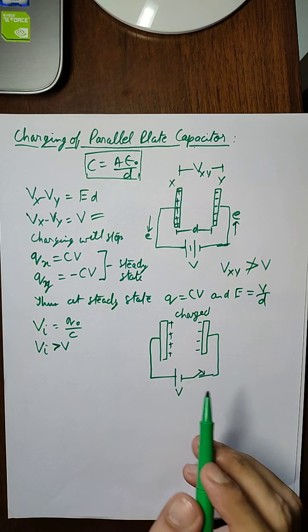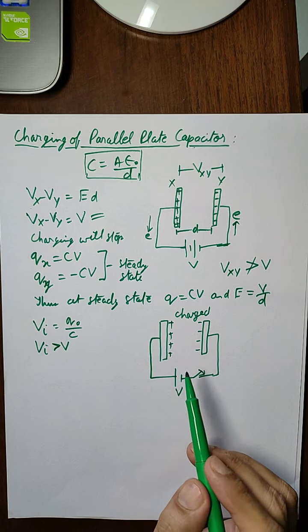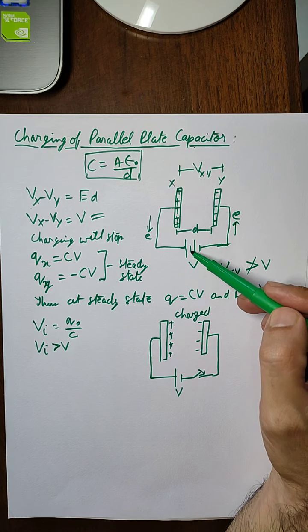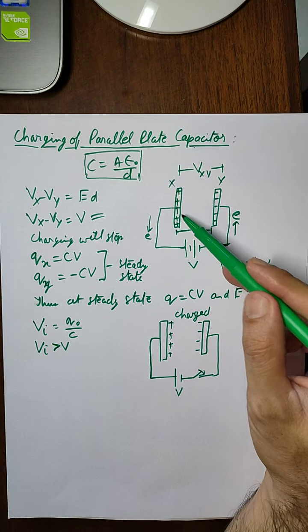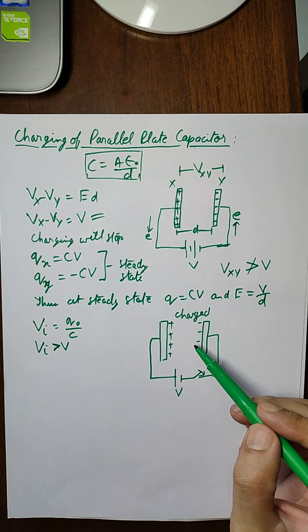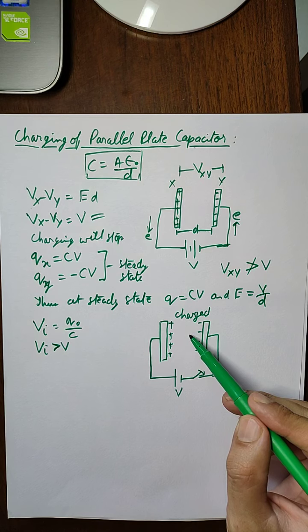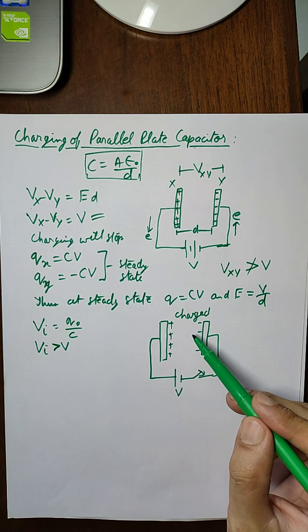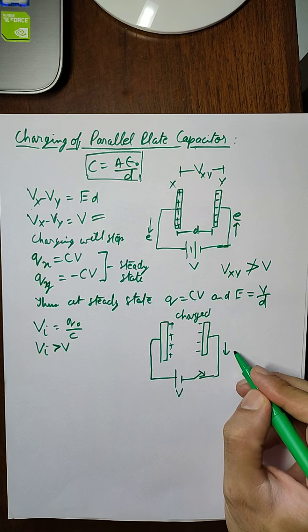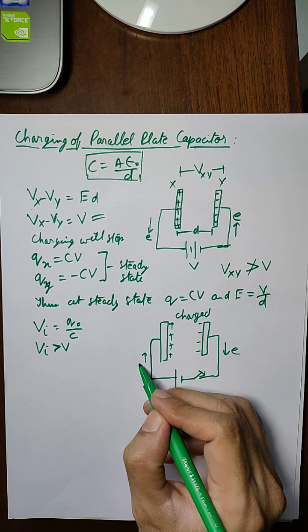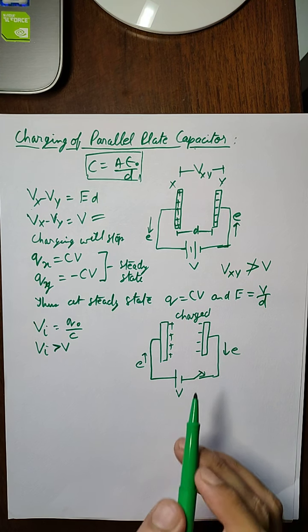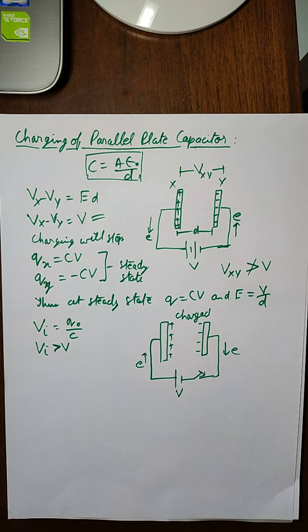What will happen in this condition? The charge will flow from the capacitor to the battery. Unlike earlier, when the charge was flowing from the battery to the capacitor and the capacitor was getting charged, in this condition, because the initial potential Vi is greater than V, the direction of flow of charge will become opposite, and the capacitor will start discharging.